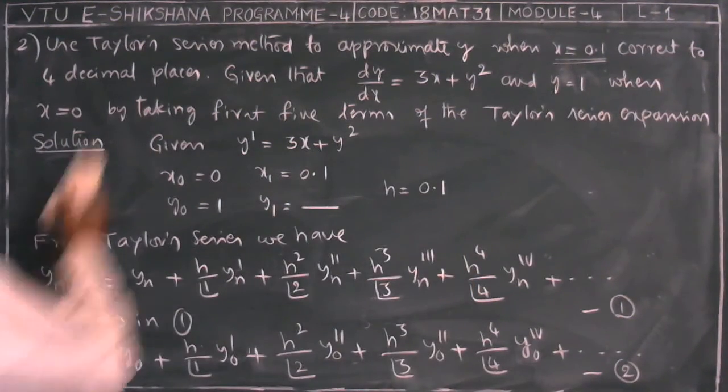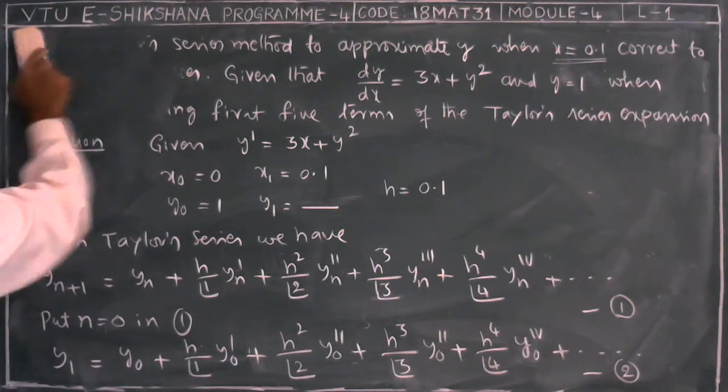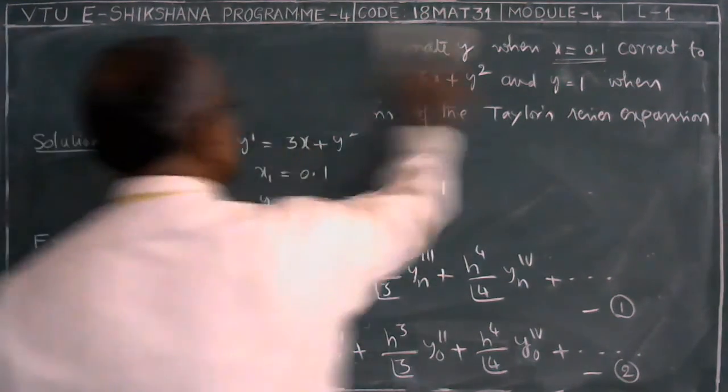Now let me calculate these derivatives at the point x naught.